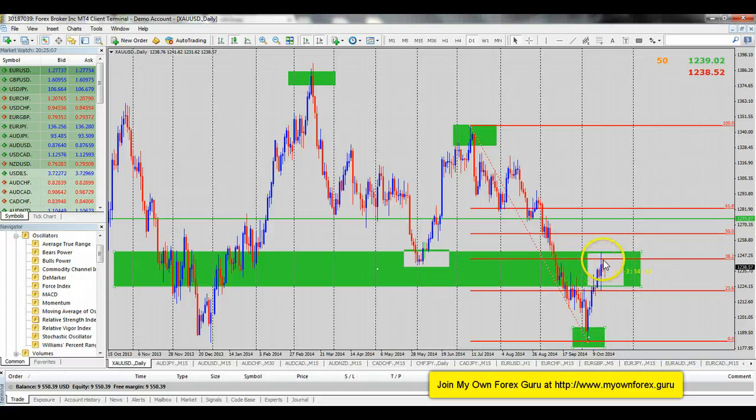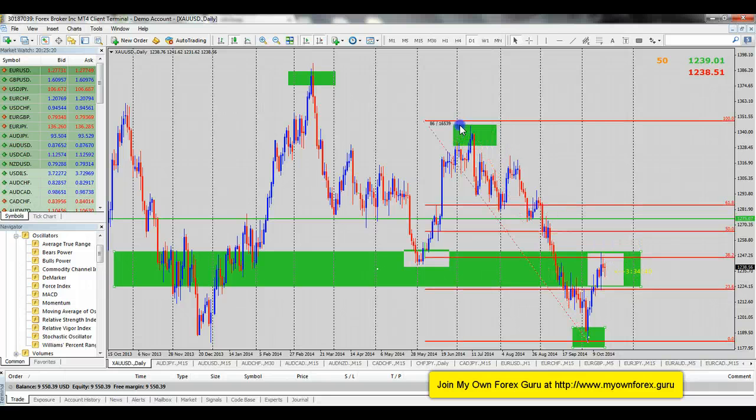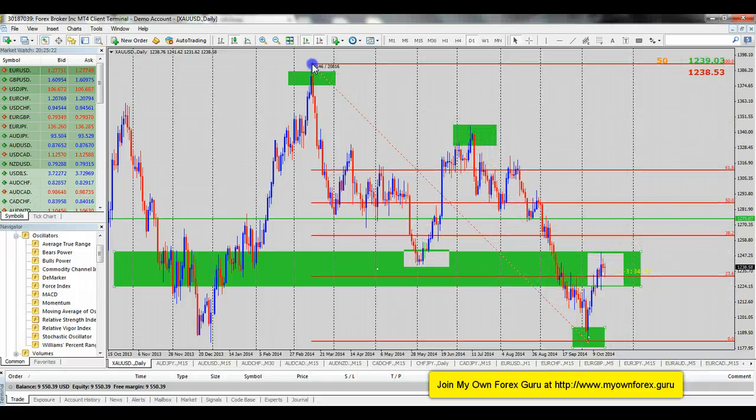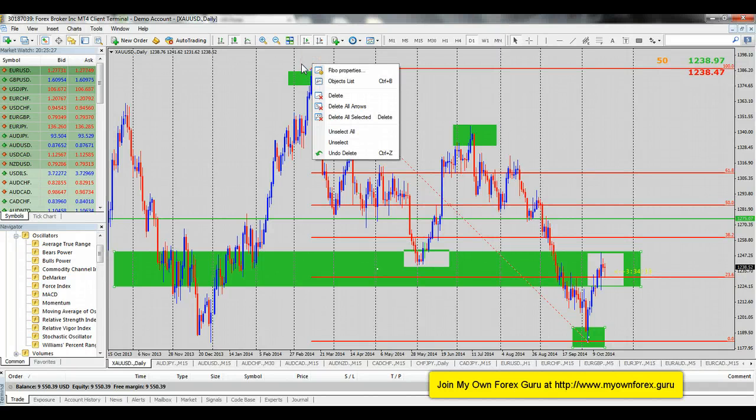We tickled it. We kind of had a swing through, and then we went down and now it's acting like resistance. Whether it's 38.2 or it's 23.6, it kind of still works the same way, because it broke through, it had a spike, it came back down, and now 23.6 is acting as a support.